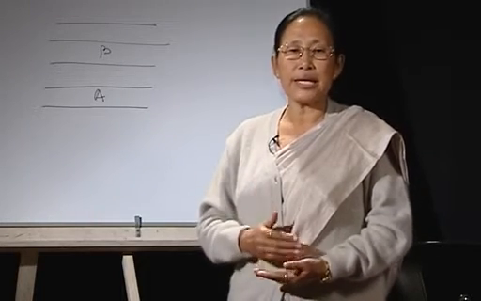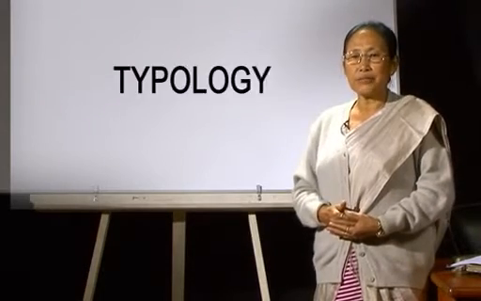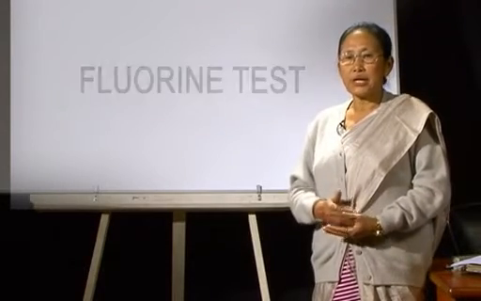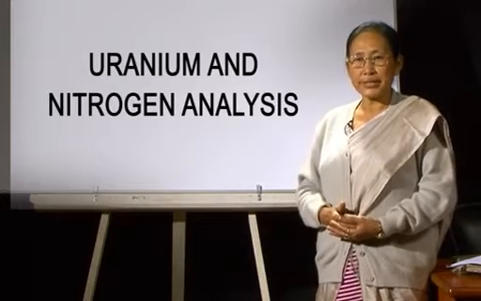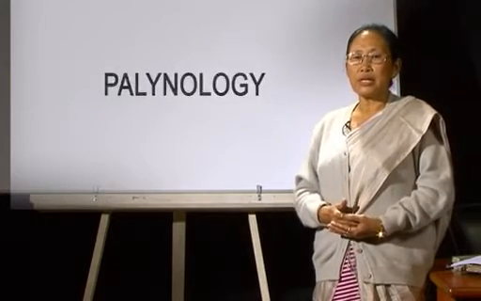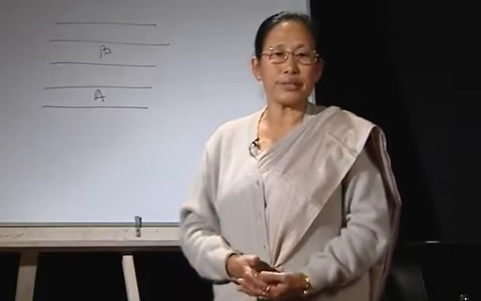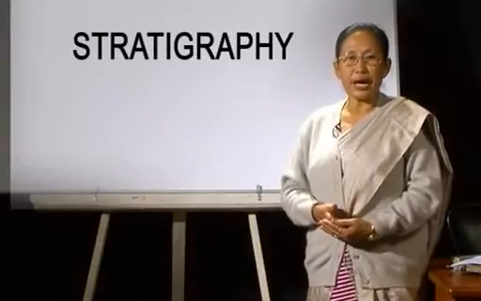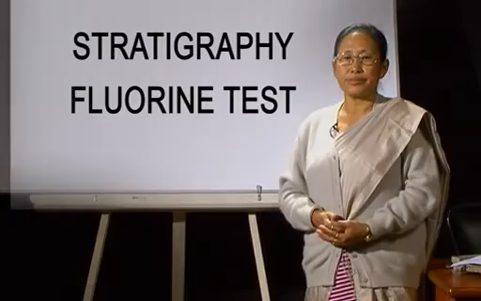Some of the relative dating methods are stratigraphy, typology, fluorine tests, uranium and nitrogen analysis, paleontology, palynology, cross dating and sequence dating. However, our discussion will be restricted only to two types of methods, that is, stratigraphy and fluorine tests.